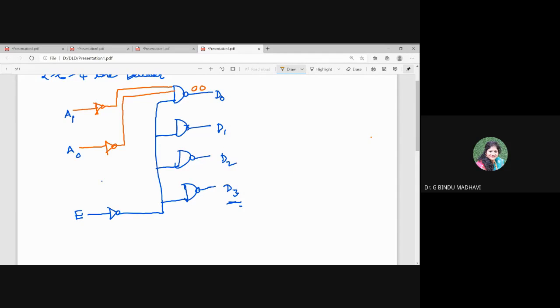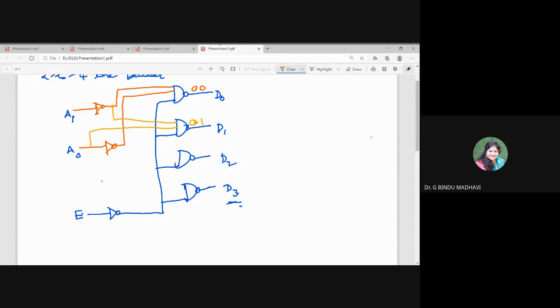Next one is D1. For D1, what combination will you get? 0 1. So I'm taking 0 for A1, and 1 is A0.